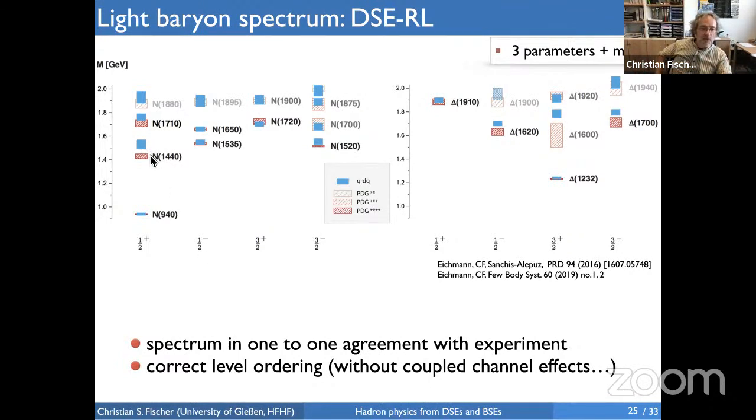However, there's still a difference to the experimental state, at least in this calculation. Of course, the Roper may be more than just a 3-quark state. There may be lots of additional mesonic corrections, and actually this is what many of my colleagues believe. But the global level ordering is fine.